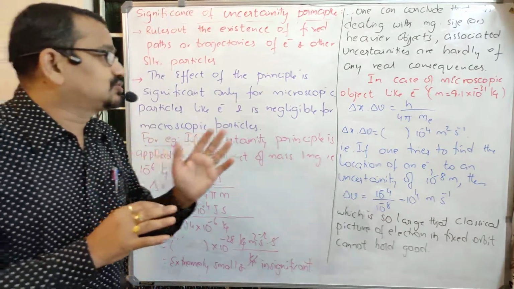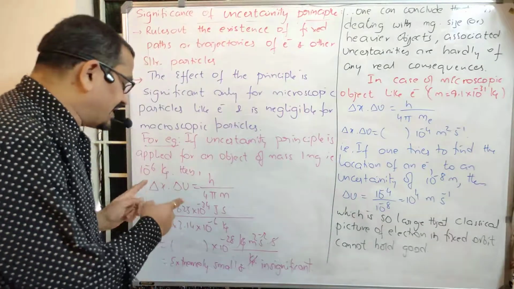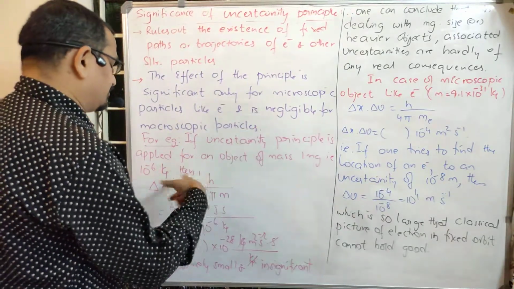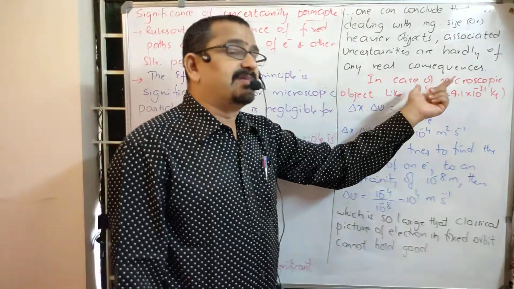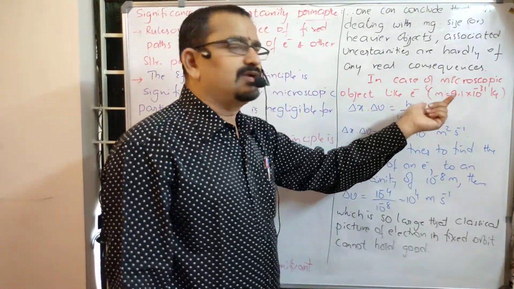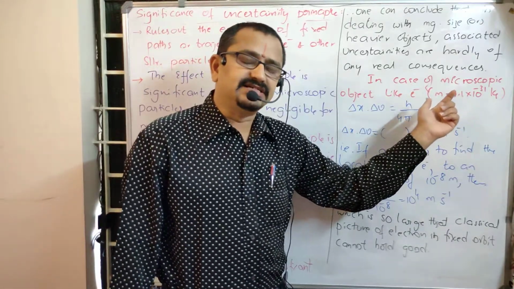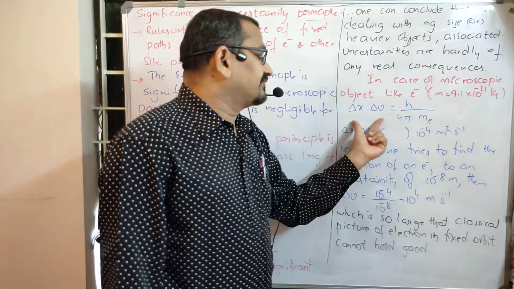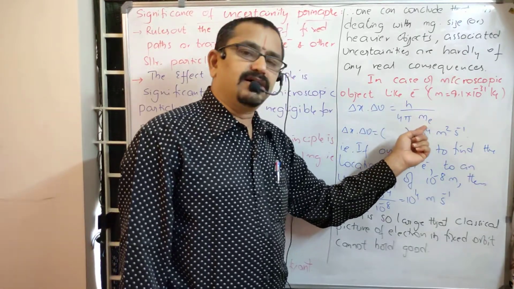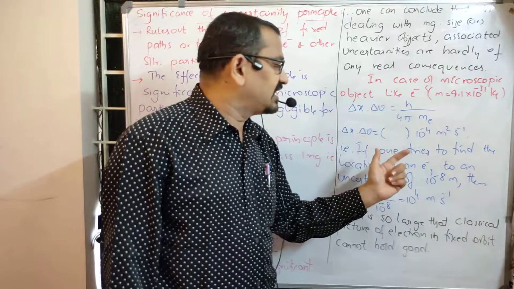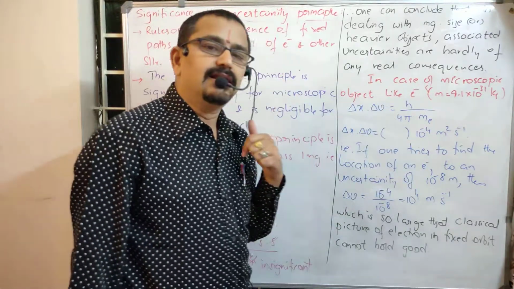And when it comes to the case of a microscopic particle, just now we discussed a macroscopic particle, for example 1 milligram size mass. In the case of a microscopic particle like an electron, we are aware of the mass of the electron, right? It is 9.1 into 10 power minus 31 kg. The product of uncertainties of position and velocity is given as h by 4 pi into the mass of the electron. On substituting the values, this product was observed as 10 power minus 4 meter square per second.